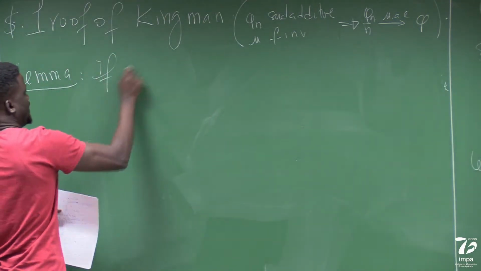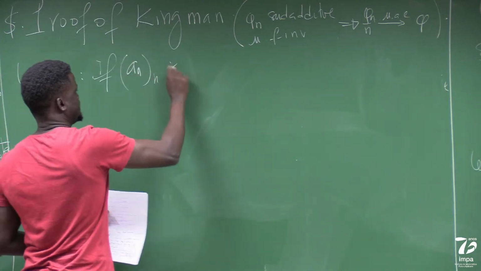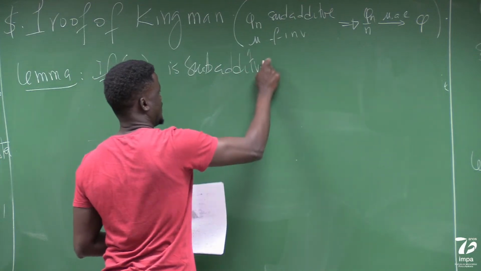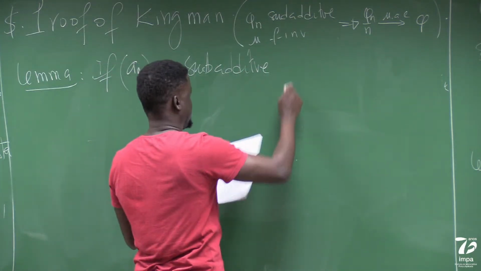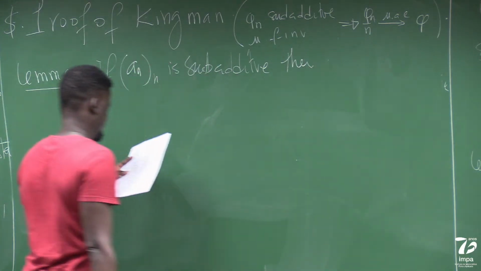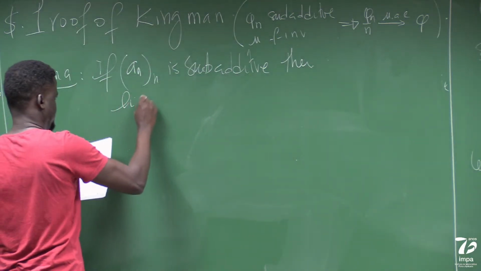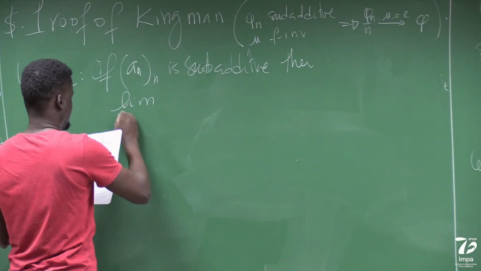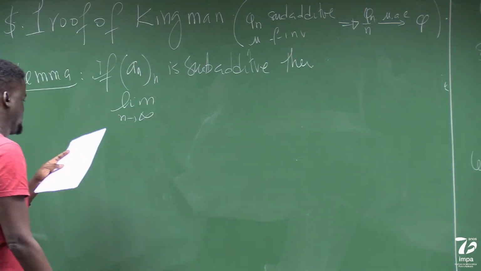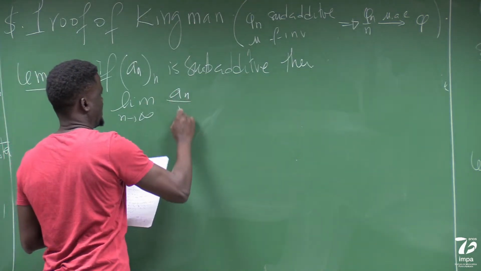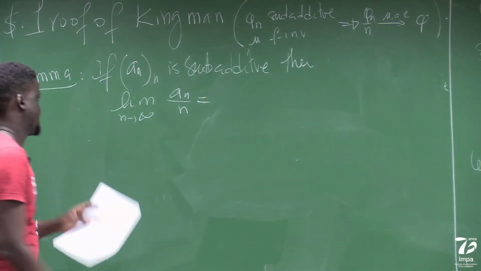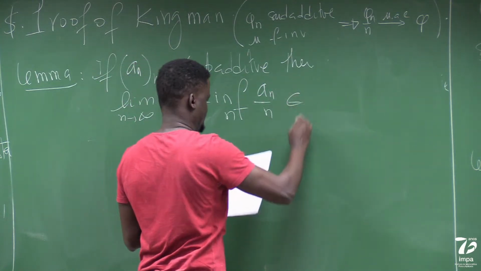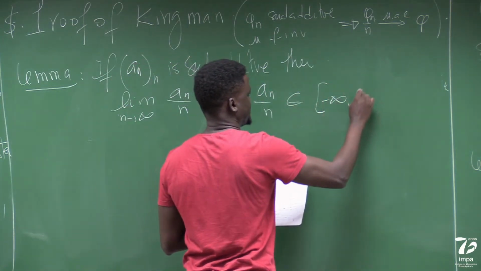So if a_n is sub-additive, then the limit when n goes to infinity of a_n over n exists, and this is the infimum, and this is on minus infinity.